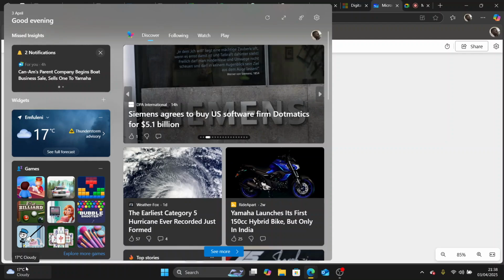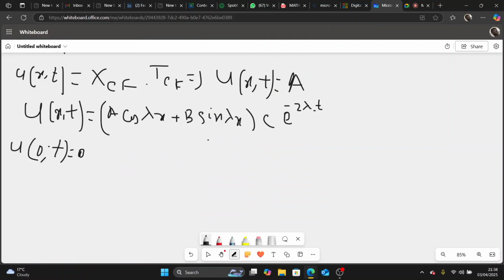X equals 0, right, manager? So if X is 0 in this equation, what does it mean? You have A cos 0, do you agree, plus B sine 0, everything multiplied by C exponential minus 2 lambda chi.